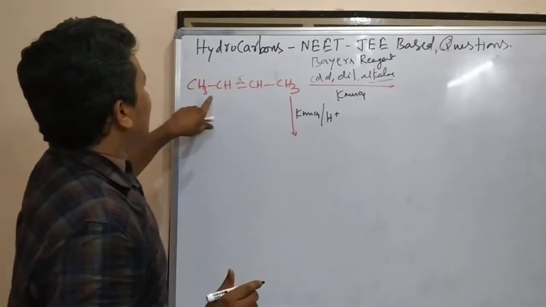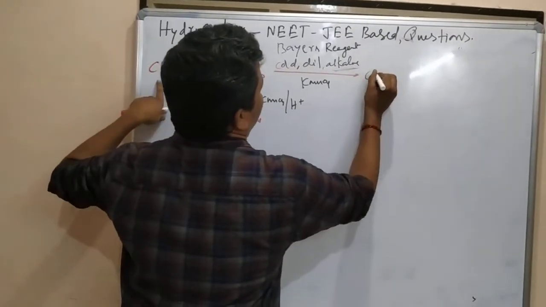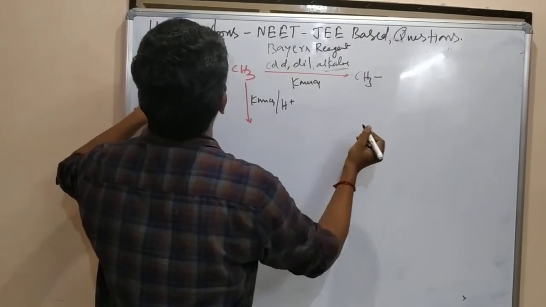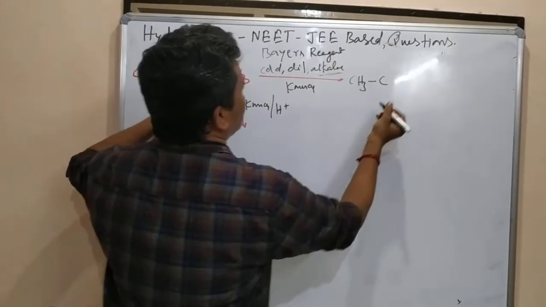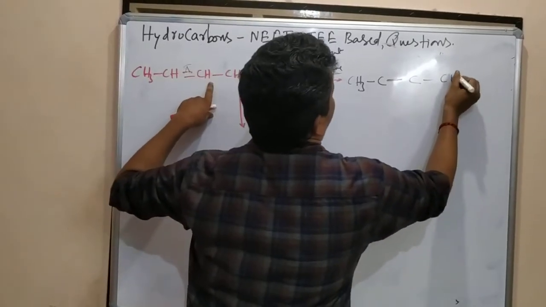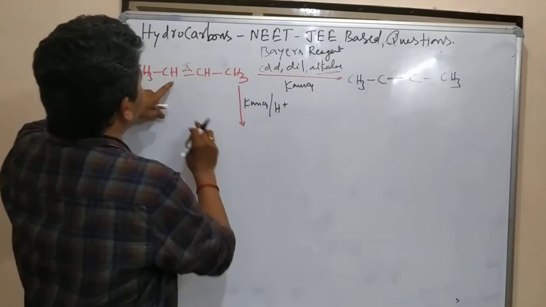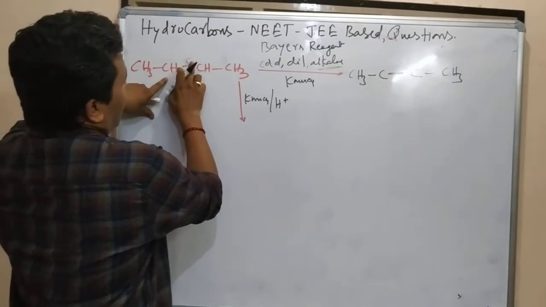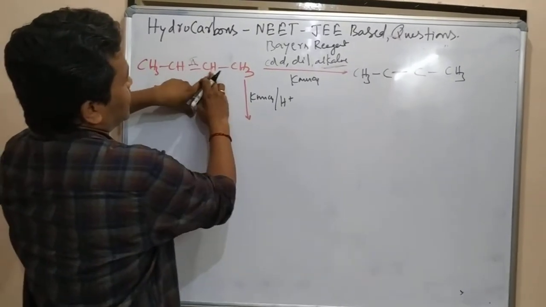See what I am doing. Here CH3, I am not touching CH3. I should not break this bond. Here what I am going to break? This pi bond I have to break, and the CH bond, this CH bond I have to break.